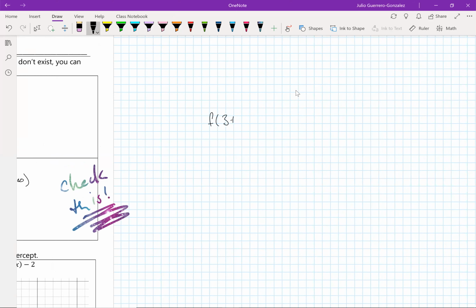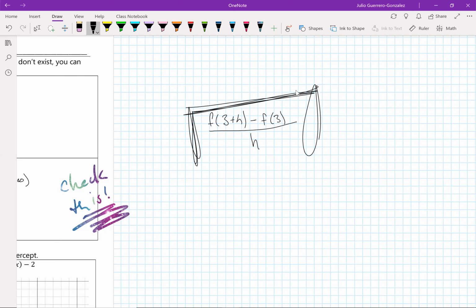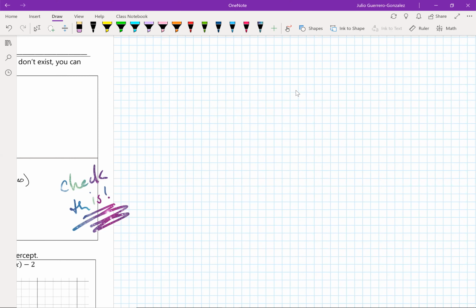The f of 3 plus h minus f of 3, all over h. I think this was on either the group quiz or the actual exam. Wasn't it f of a plus h minus f of a, and you plug in both things? Yes, I remember that.